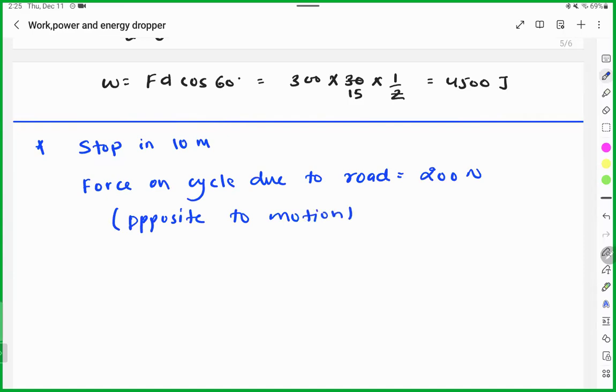Then you have to calculate how much work the road does on the cycle. So work done by road. Second question: how much work is done by the cycle on the road? Calculate this.